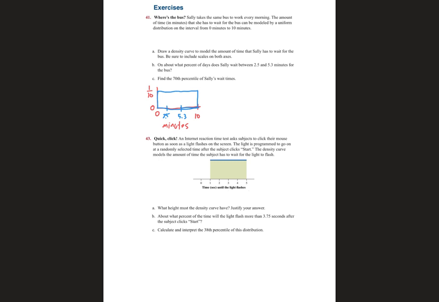So we want to find all this area going to the top of the distribution, and we want to find all this area here, which is also a rectangle. Okay, so now think about if this is a rectangle, I'll kind of put it over to the side here.